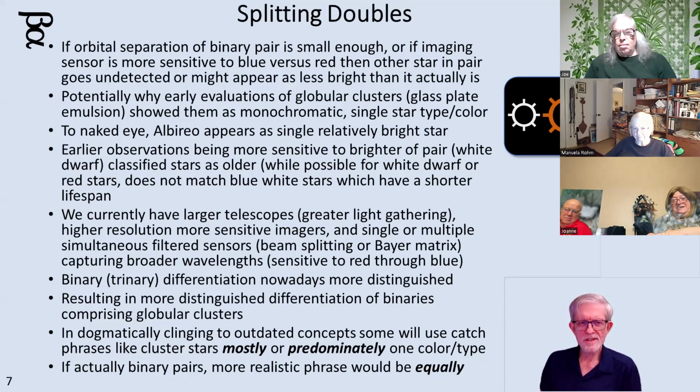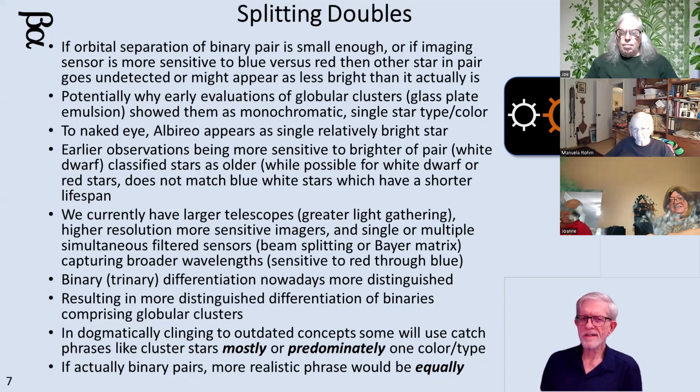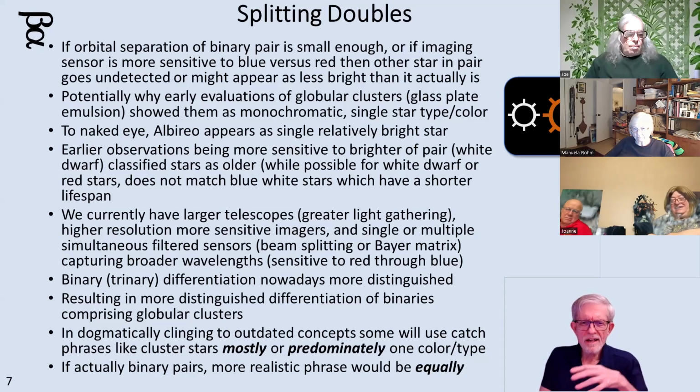But whenever you listen to people talking about historical astronomy, they'll say that the stars in a cluster or in a globular cluster were mostly or predominantly white, as opposed to, well, you got kind of a mix of some blue, some red, and the really old ones are the white ones. They should be, if they were really uniform, they should have been saying equally as opposed to mostly or predominantly, but sometimes people get stuck on the way they've always talked about it, and that's not the case anymore.